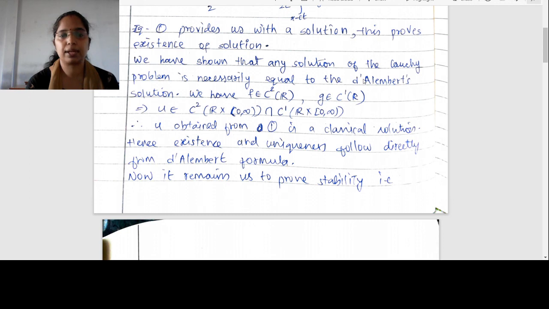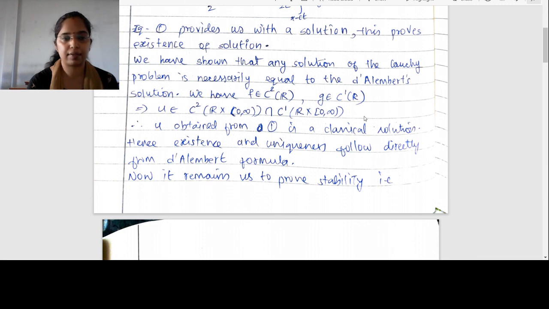So u must be an element of C2(R x [0,infinity)) intersection C1(R x [0,infinity)). Here the first is for the real axis, minus infinity to infinity, and this is for time. Earlier the condition for time was t greater than 0. In this way we can see that u is a classical solution. So the existence and uniqueness follow directly from D'Alembert's formula.